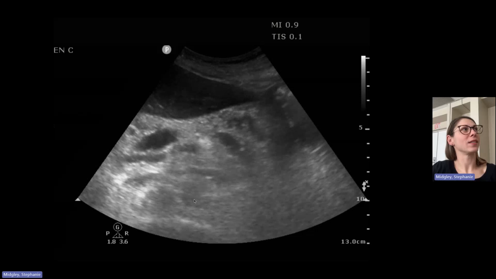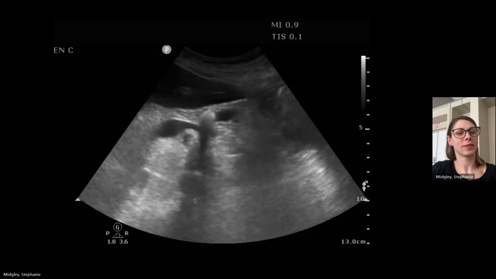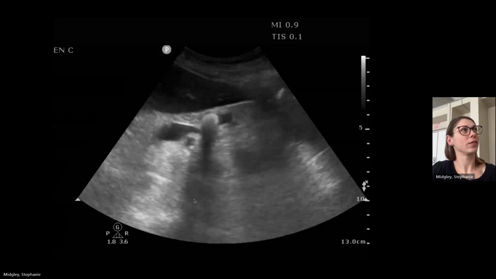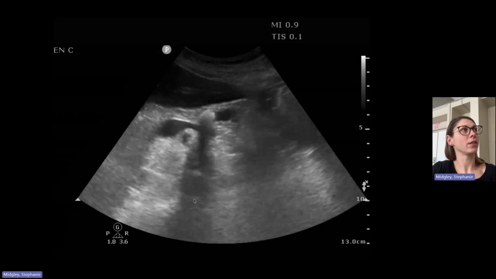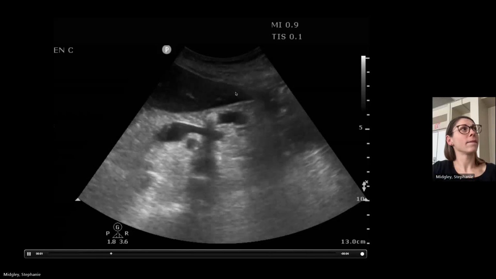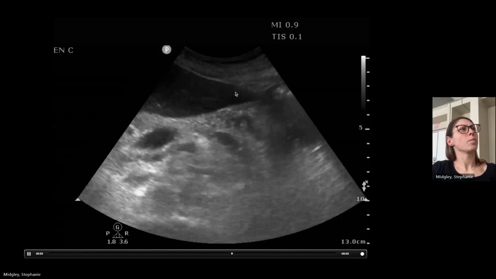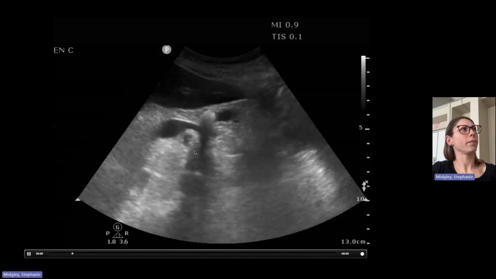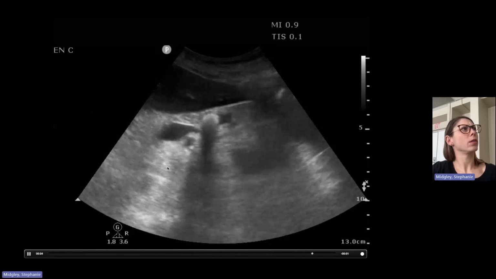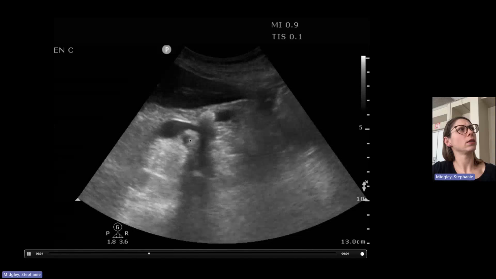What do you think this is? So where are we? Let's try to anchor our landmarks. Liver tip here. Not gallbladder. The IVC. So here's the SMA.